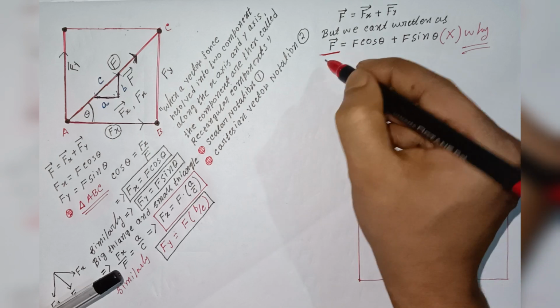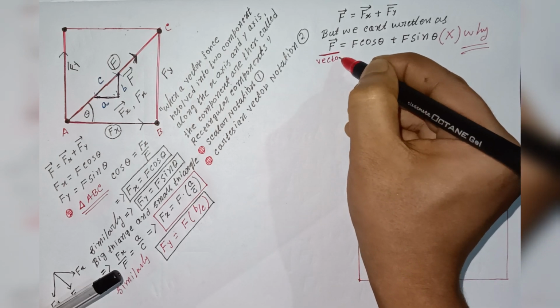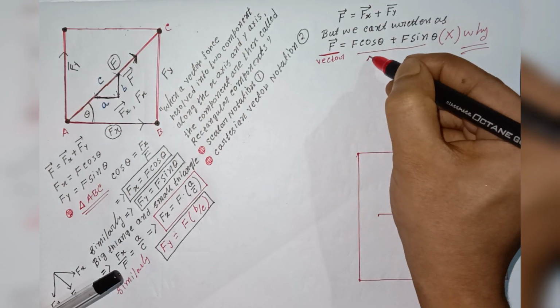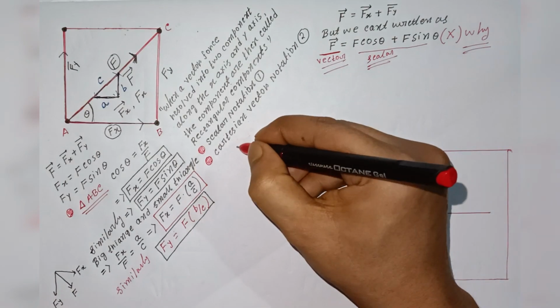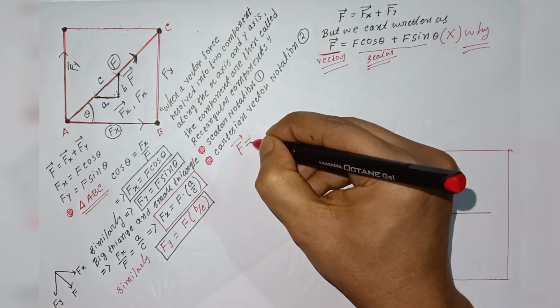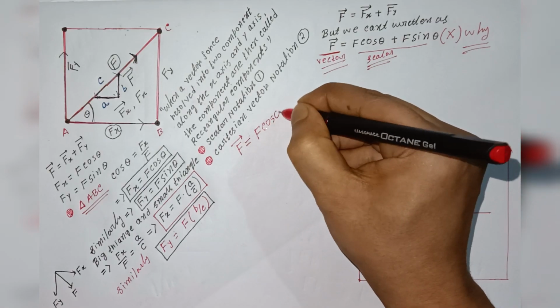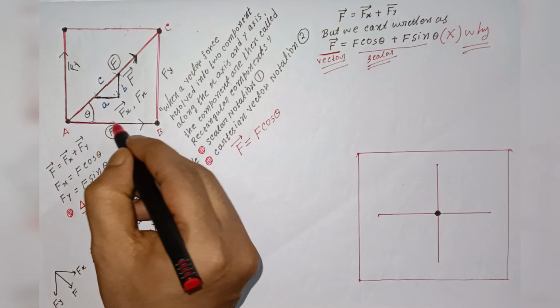But I want to write a vector equal to a summation of scalar magnitudes. How is it possible? Think, guess, and comment. Now in the left-hand side we wrote a vector, but in the right-hand side we wrote only magnitude, no direction, that is scalar. So now I have to change it to a vector so I can attach direction.